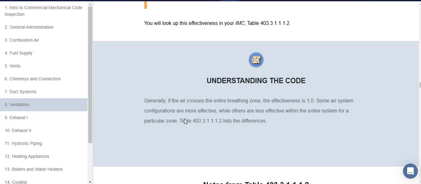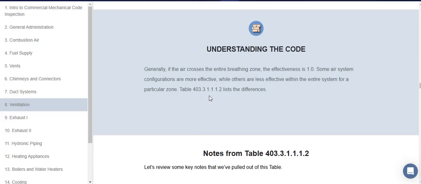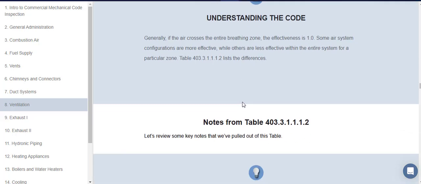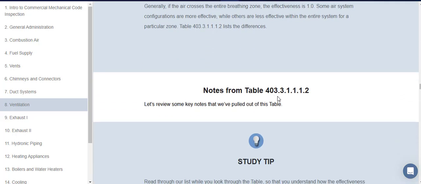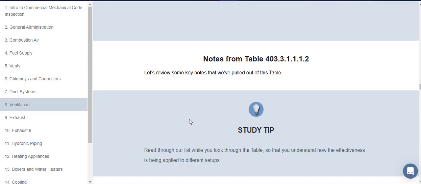Some air system configurations are more effective while others are less effective within the entire system for a particular zone. Table 403.3.1.1.1.2 lists the differences. Note for table 403.3.1.1.1.2. Let's review some case notes that we have pulled out of this table.